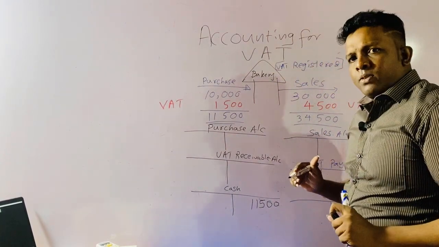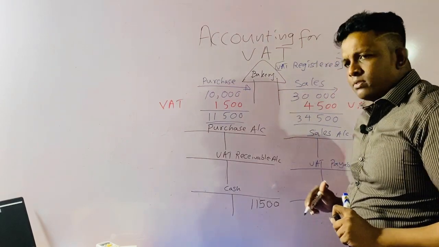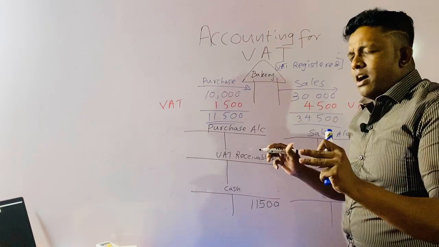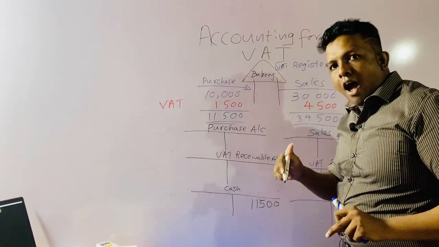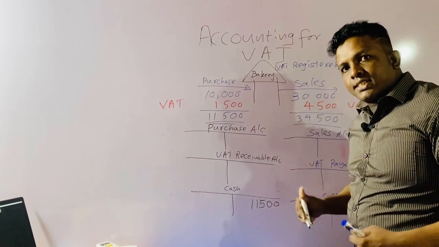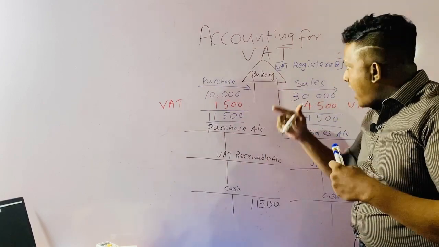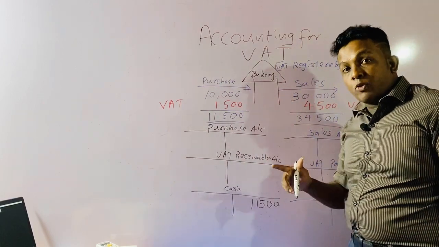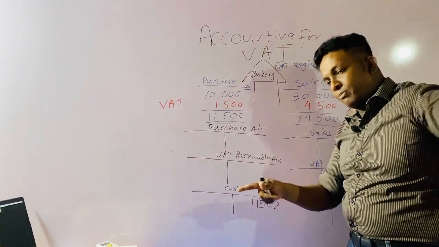And the VAT portion is not our cost anymore because we are VAT registered. Whatever the input tax is, it is not our cost anymore, since we are VAT registered. We can pay right now but claim in the future from the government.